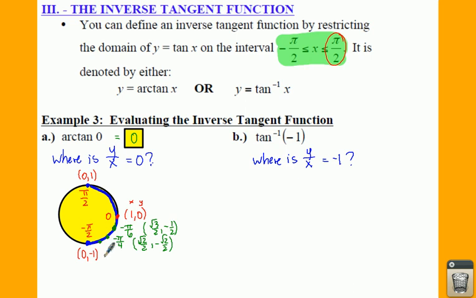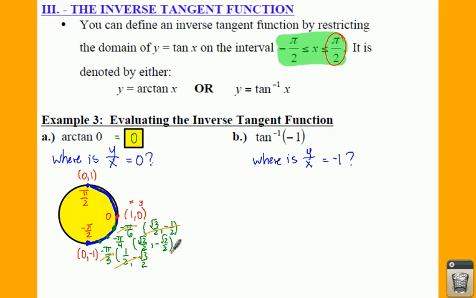Or maybe it's down here on the bottom at negative pi over 3, where we have 1/2 comma negative radical 3 over 2. So if we divide y by x, we need to figure out where we're going to get a negative 1. Well, it can't be radical 3 over 2 and a negative 1/2, because if you take 1/2 divided by radical 3, that's not going to work out. Same thing down here with pi over 3, those aren't going to work.